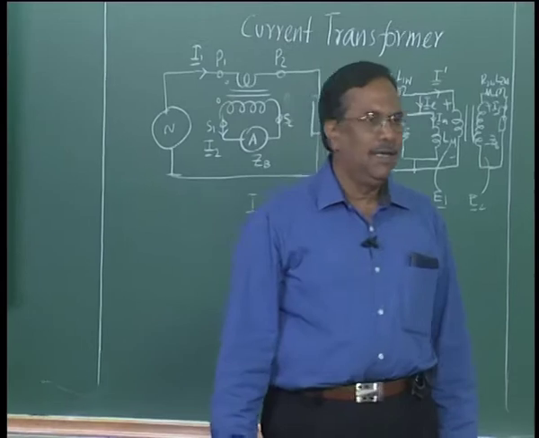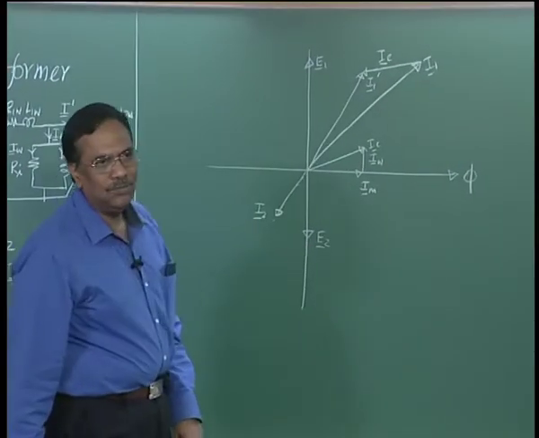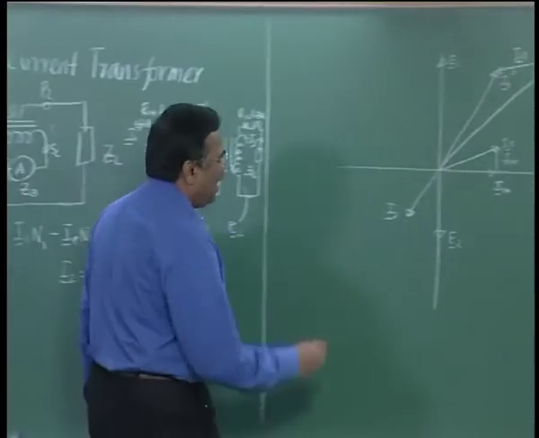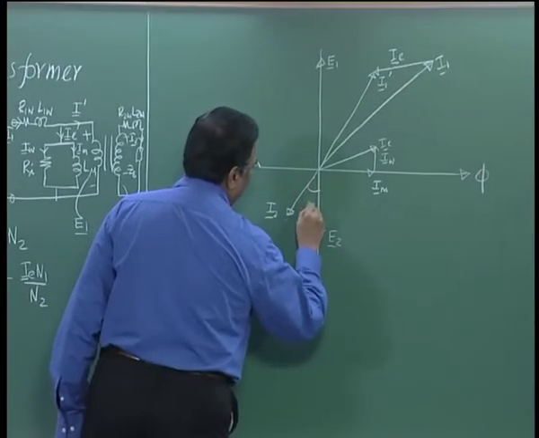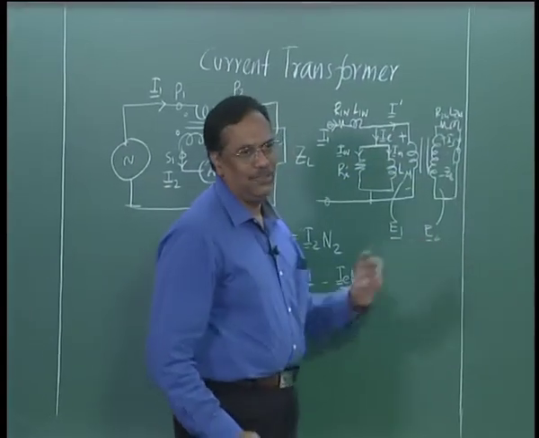Now, the phase angle between I2 and E2, we call it delta, right. Delta comes because of the secondary circuit.